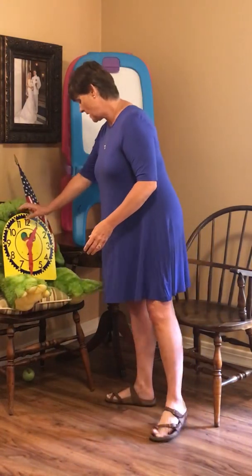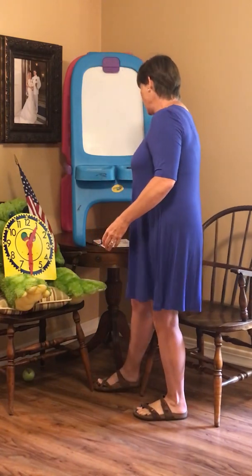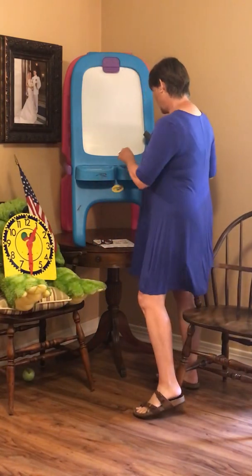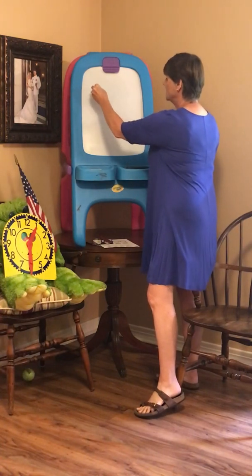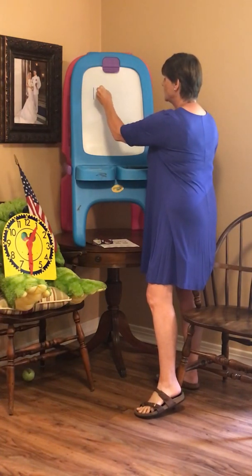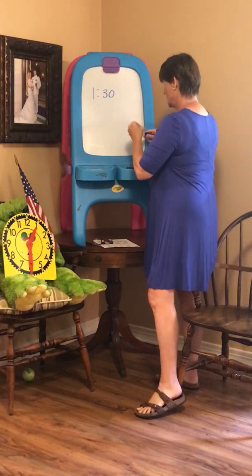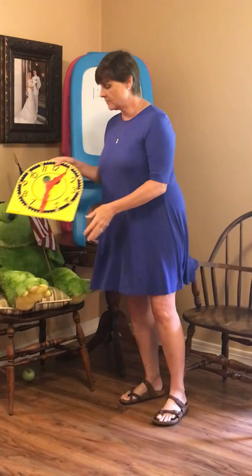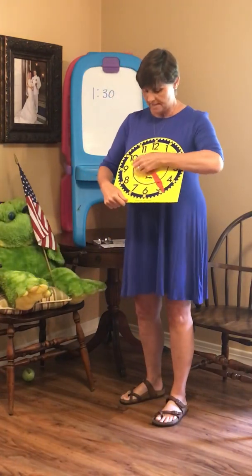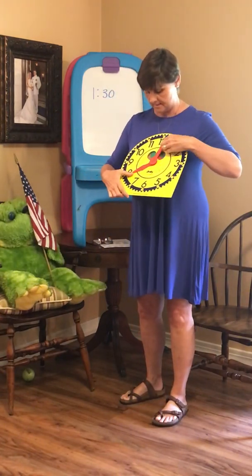Mr. Frog, will you hold that for a minute? 1:30. Y'all should know how to write 1:30 by now. 1, 30. 1:30. All right, let's look at another time. What time is this?